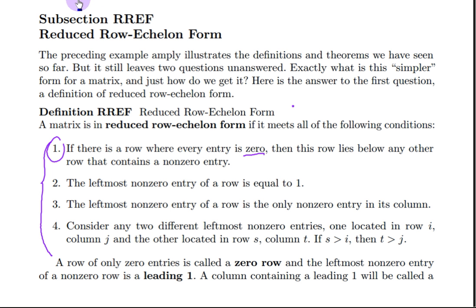Second specification. If I have any row with non-zero entries, the leftmost entry has to be equal to 1.